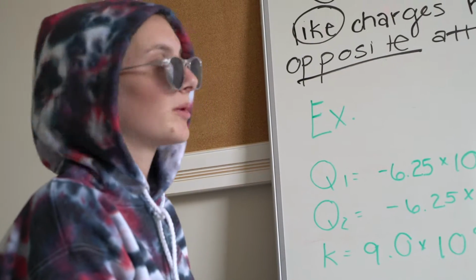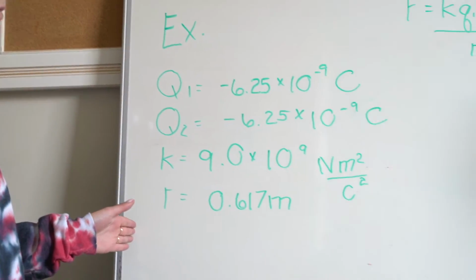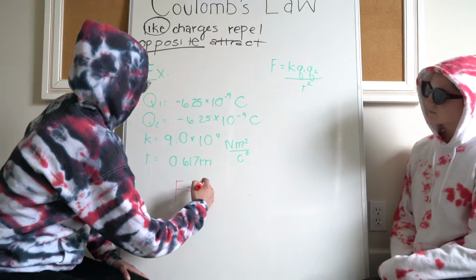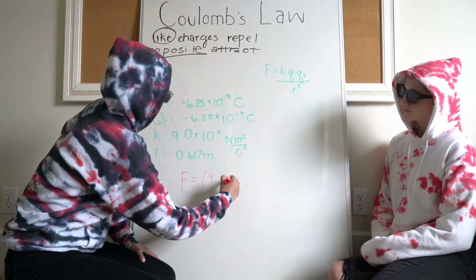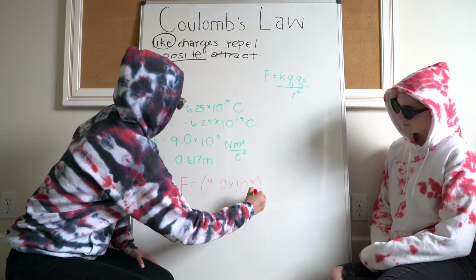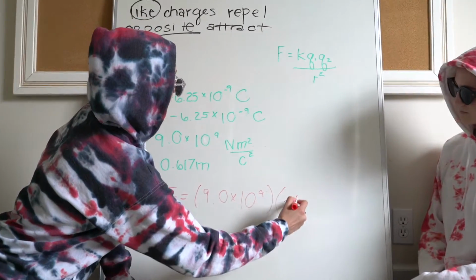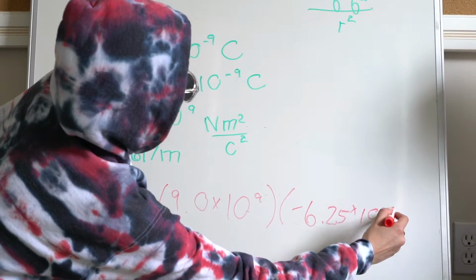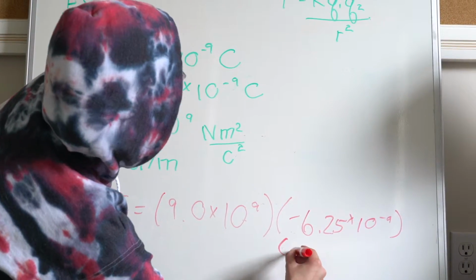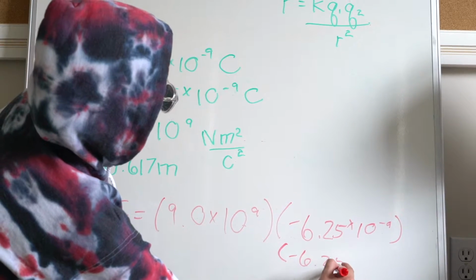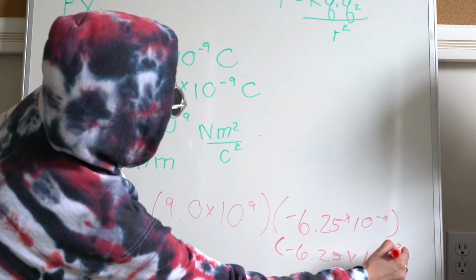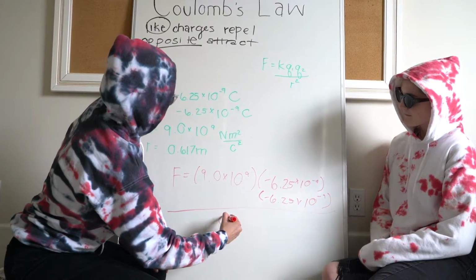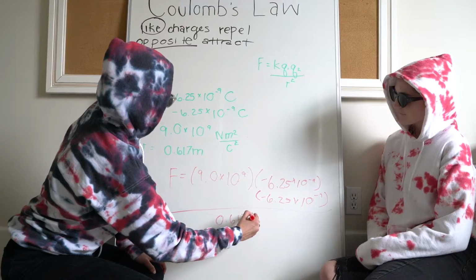So here's a practice problem. You're going to be given all of these values, and all you have to do is plug it in and solve for F. Here's the constant, K, multiplied by Q1 and Q2, which happen to be the same number, and divide all of this by R, and don't forget to square it.